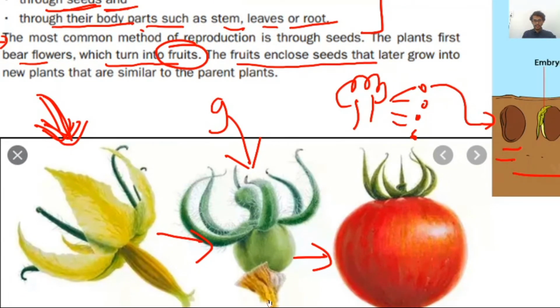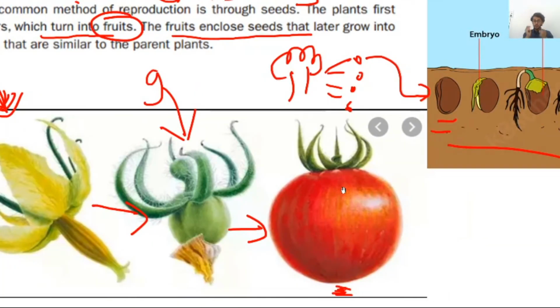Now this flower is turning into a fruit, and when you cut a tomato, you see tiny seeds, right? When your mother is cutting the tomato, you see tiny seeds, right? What if you take those seeds and put them into the soil? They will grow into a big tree.